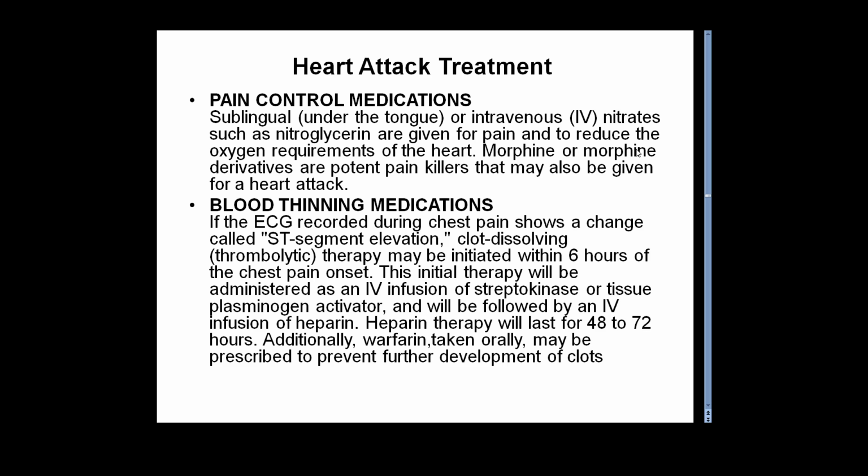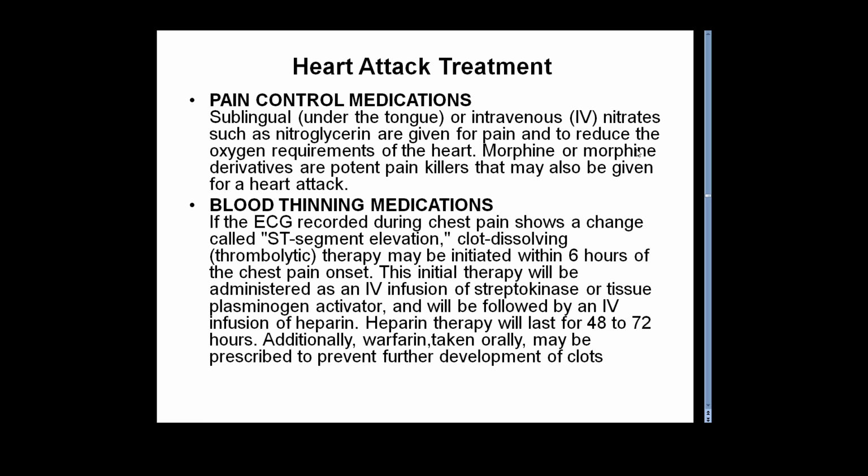Blood thinning medications. If the ECG recorded during chest pain shows a change called ST segment elevation, clot dissolving, thrombolytic therapy may be initiated within 6 hours of the chest pain onset. This initial therapy will be administered as an intravenous infusion of streptokinase or tissue plasminogen activator and will be followed by an intravenous infusion of heparin.